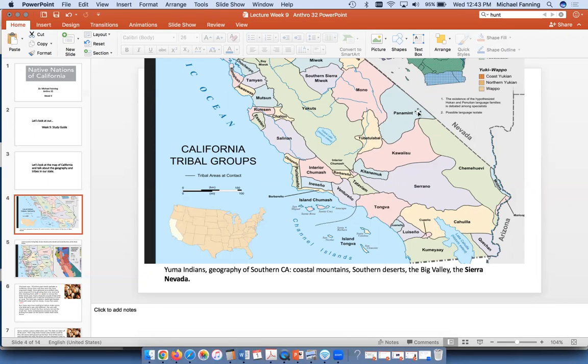On this side, we have the Sierra Nevada mountains. If you've heard of Tahoe, places like that, that's up in the Sierra Nevada, which range from 5,000 to 7,000 feet above sea level. The coastal range is not quite as high. And in between, down here, we have deserts. And to the north, we have a huge valley.